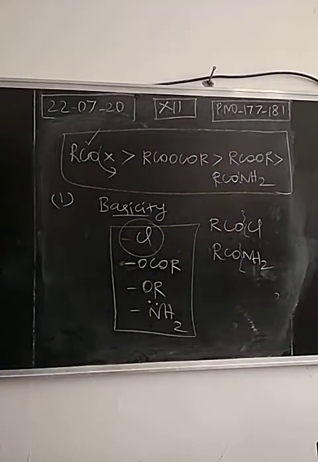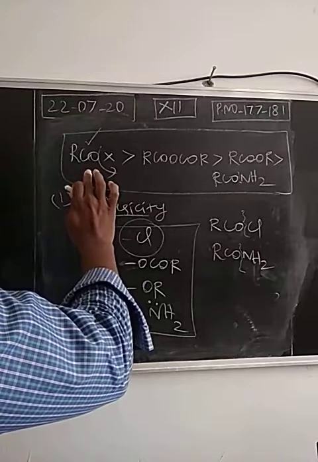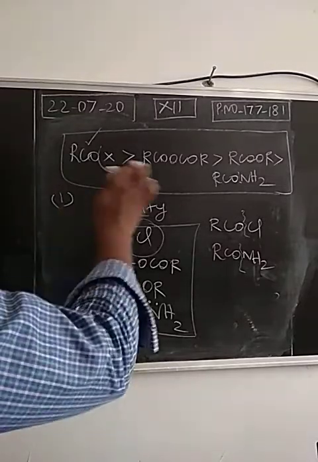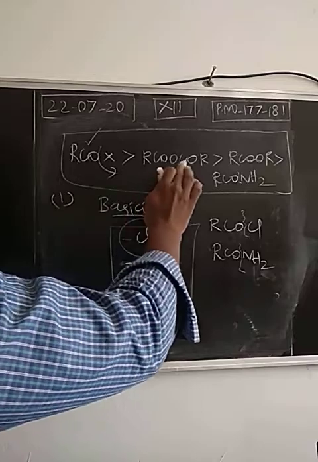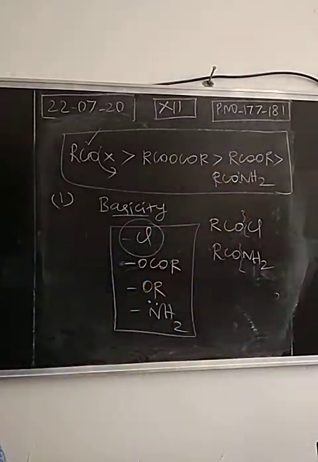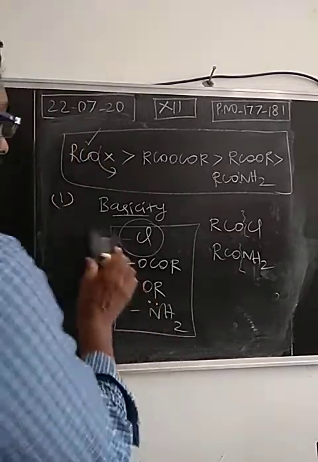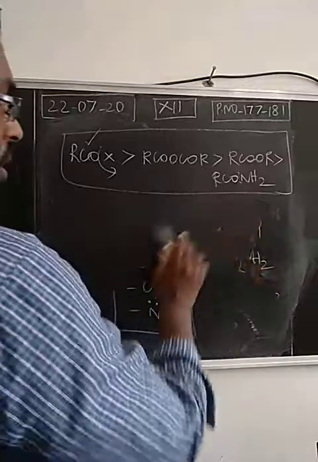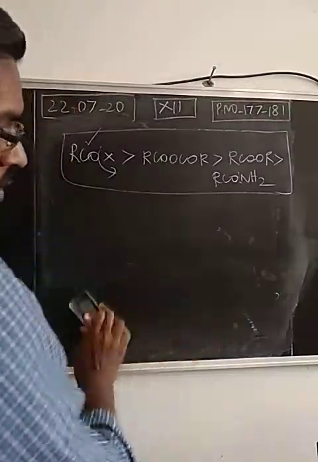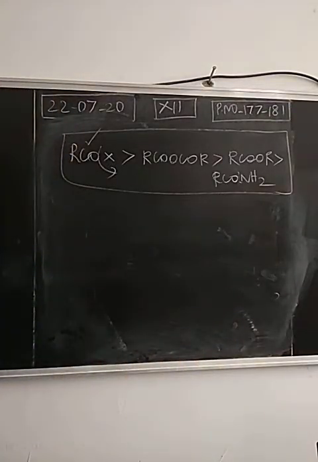Basicity increases from acid halide to amide, but leaving nature decreases, so the reactivity will be more for this one. Compared to this, anhydride has less reactivity. Compared to anhydride, ester has less reactivity and acid amide has the least reactivity. So this is the explanation of the reactivity of acid derivatives of carboxylic acid based on basicity.